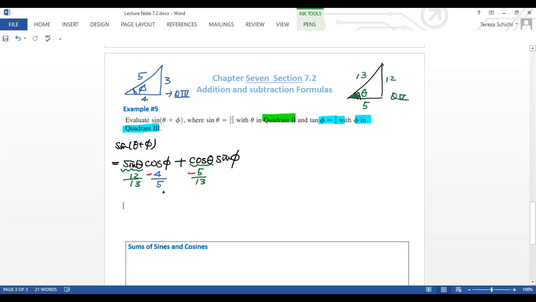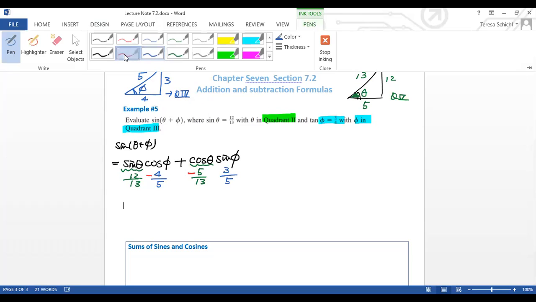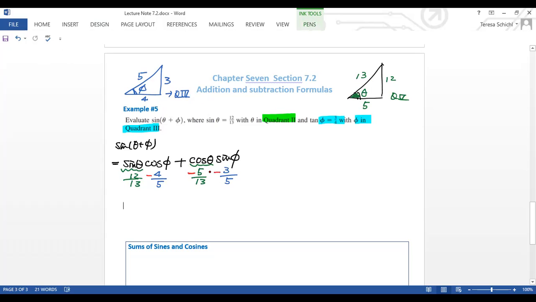So I have to have a negative value here, correct? Now let's take a look at sine phi. What is the sine phi? It's 3 over 5. But also because this is quadrant number 3, what is the sine in quadrant number 3? It's negative also. So I need to add a negative.